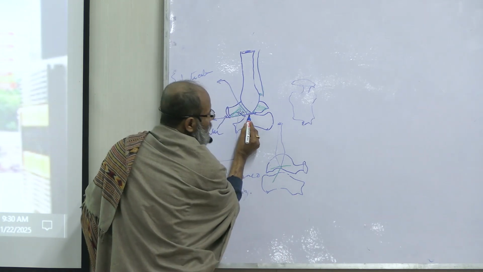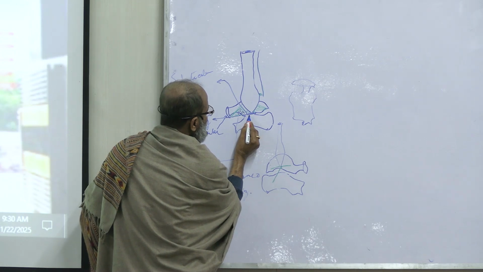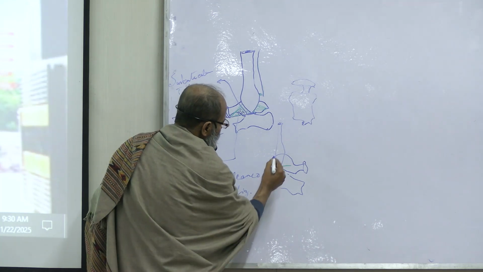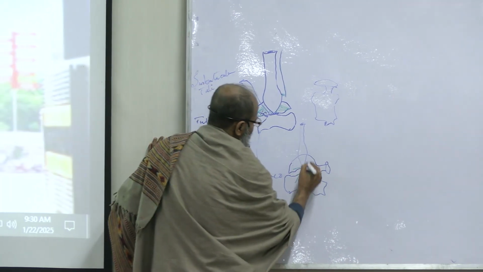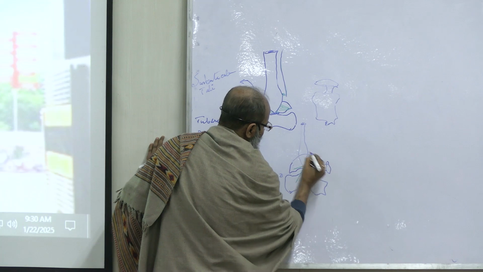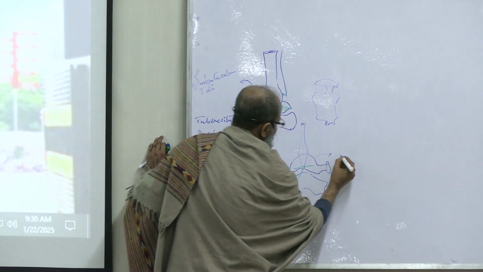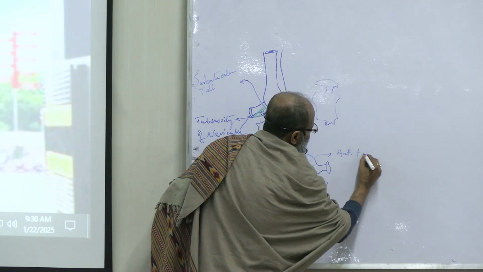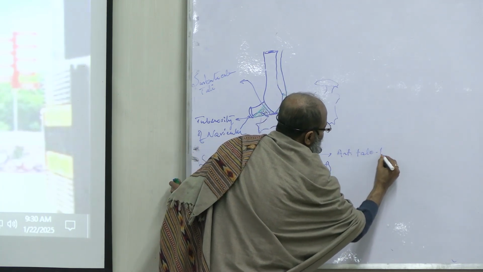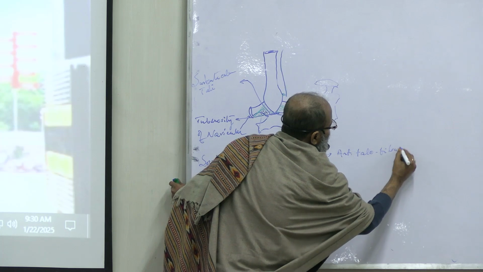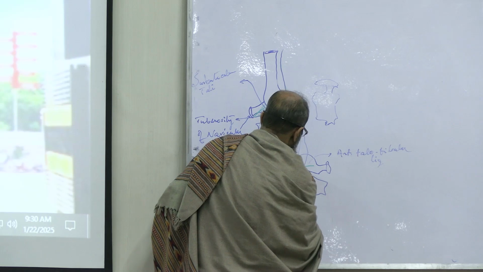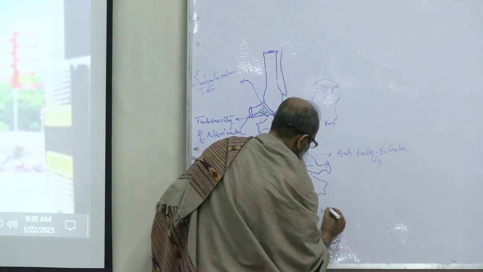This is a shelf-like projection, which is known as the sustentaculum tali. All right. Now you see the anterior talofibular ligament. This one is the anterior talofibular ligament. This one is the posterior talofibular ligament.